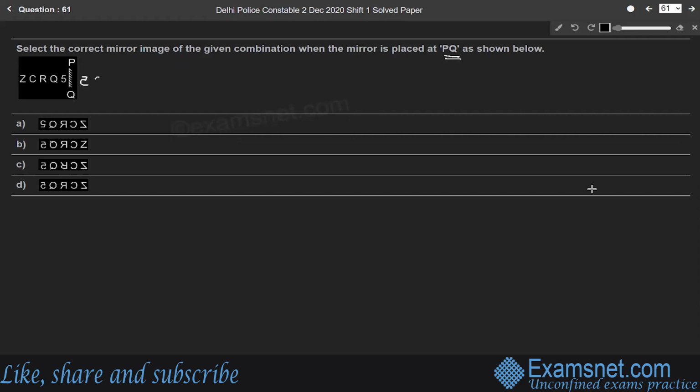Then the mirror image of Q looks like this. Then R will be like this, and C, its image will be like this, and Z like this, right? Hence, look at option D. So option D is the right answer.